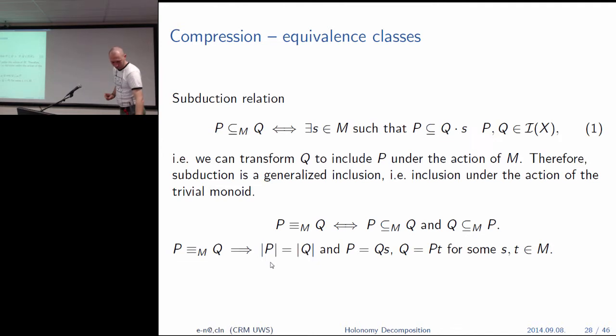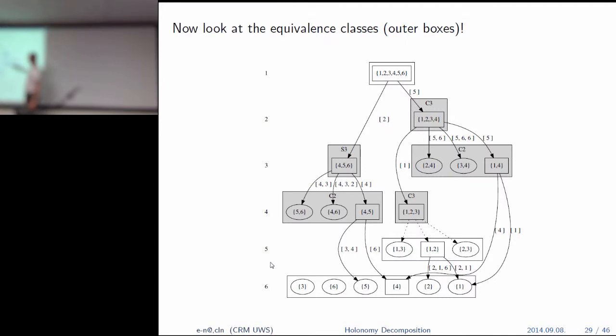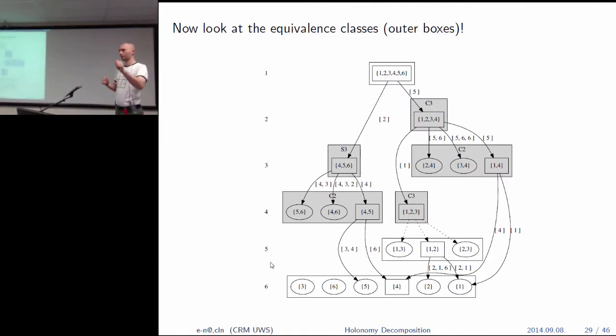And if you first just look at the tiling picture again, the outer boxes are the equivalence classes. So the set 2 and 4, and the other set 3 and 4, are in the same box, meaning that in the semigroup, you can move around.